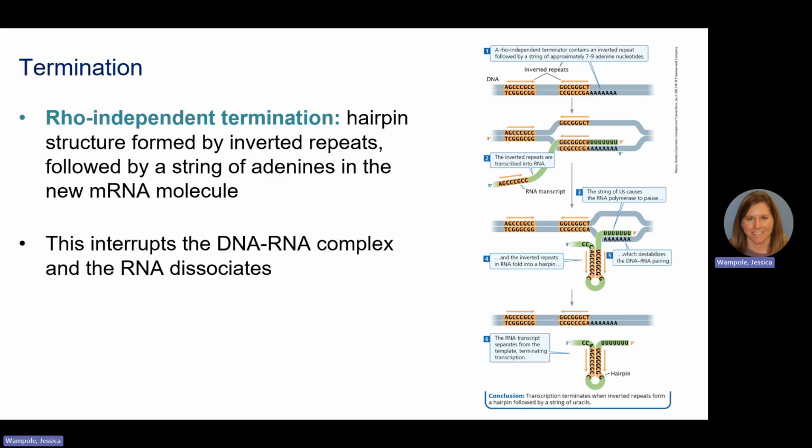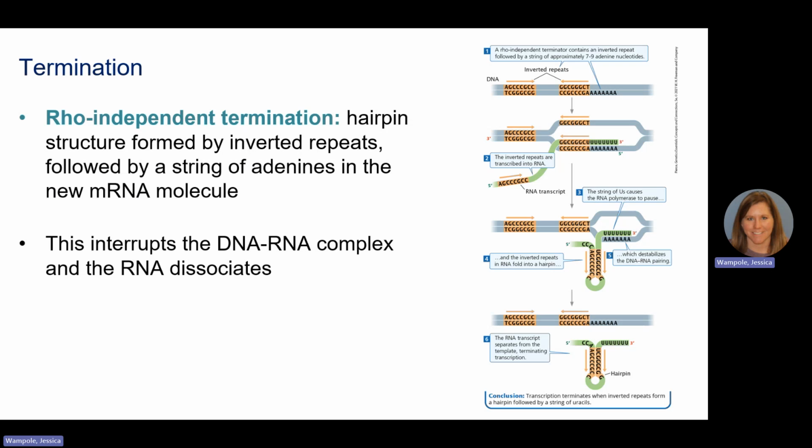If rho independent termination is being used, then the RNA molecule, once it gets long enough, once it gets that termination sequence, bends back on itself and sort of forces RNA polymerase to let go. So rather than an outside complex coming in, the molecule that's being produced folds in on itself and disrupts the ability of RNA polymerase to keep going.